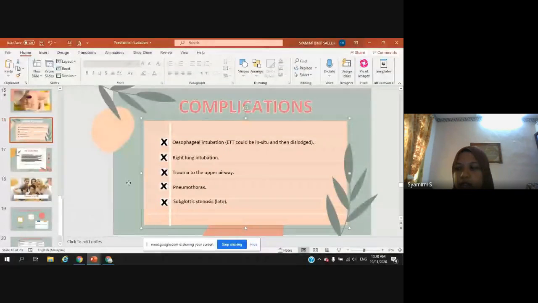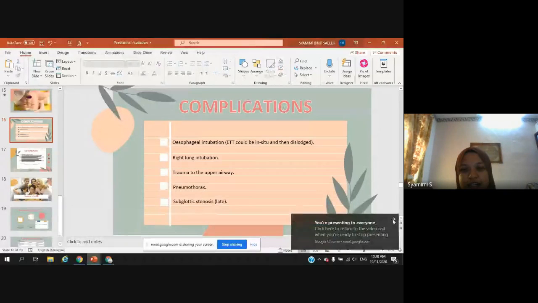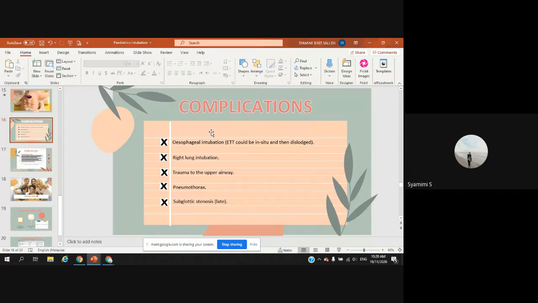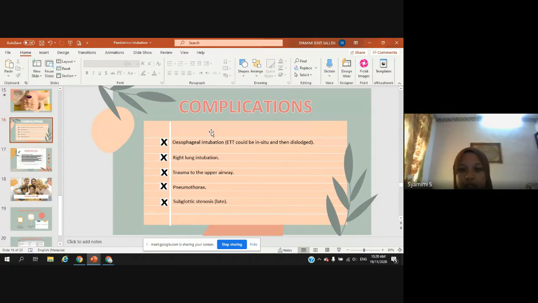Okay, so these are the complications for endotracheal intubation. The first one is esophageal intubation, where you mistakenly intubate the patient into the esophagus, and the tube can be in situ or dislodged. The second one is right lung intubation, where it can cause high peak respiratory ventilation.